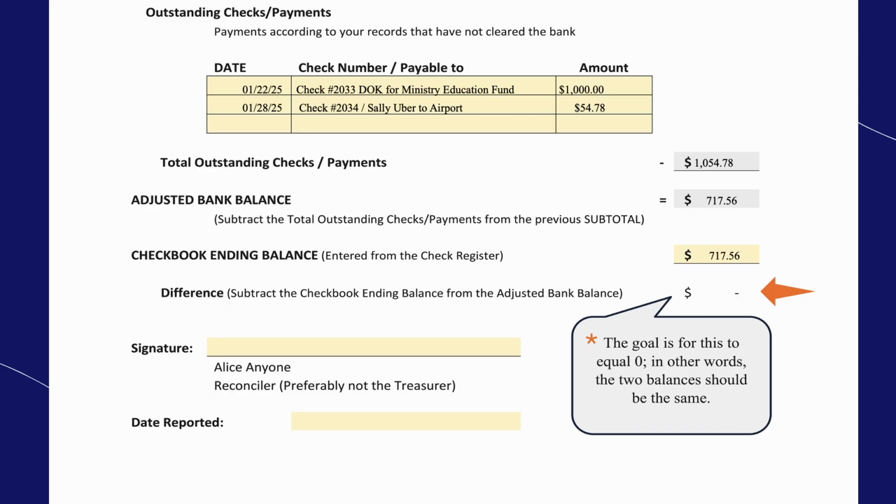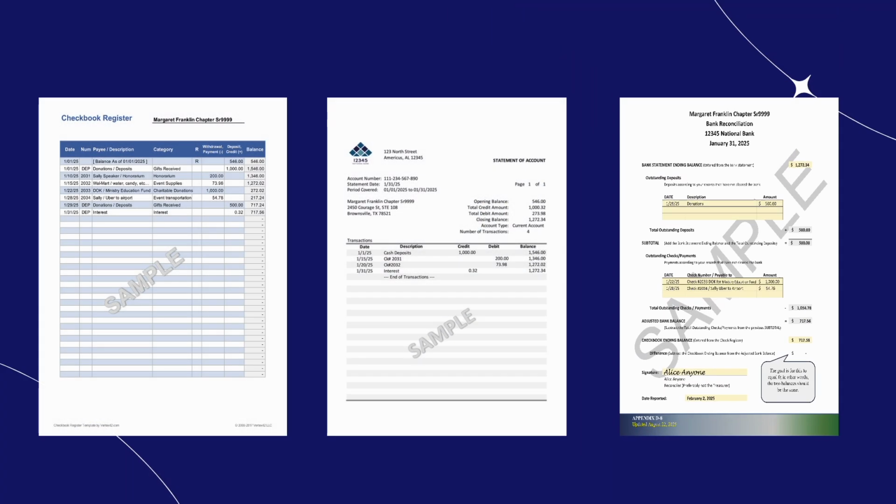The person completing the reconciliation should now sign and date the document. Please note that someone other than the treasurer should complete the bank reconciliation whenever possible. However, we understand that in very small entities, the treasurer may have to complete the reconciliation, then provide the form and all supporting documents to the executive committee for review.